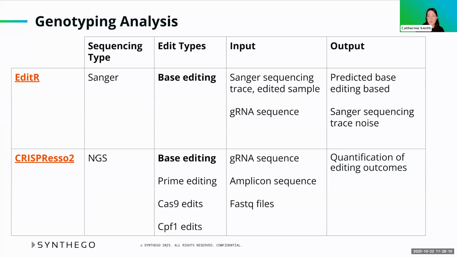If you prefer to use next-generation sequencing, CRISPResso2, a tool provided by the Pinello Lab, provides NGS analysis for a range of CRISPR edit types, including base editing. And this also provides information about the frequencies of different edits present in your sample based on the sequencing data.